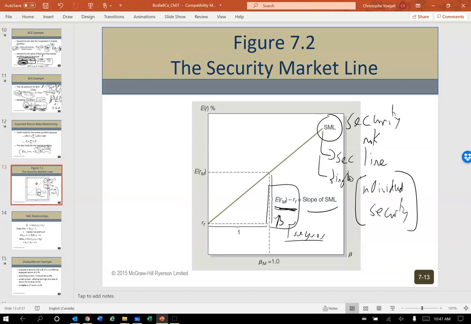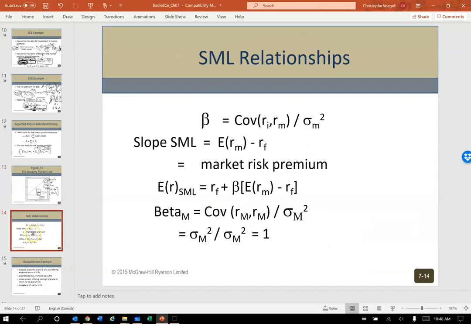So Treynor and Sharpe, I highly encourage you to commit to memory. We did this in the theoretical side of things with the warm-up again, that we know the beta formula is this, and the slope is going to be Treynor.